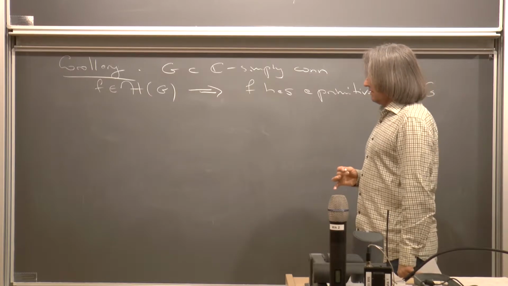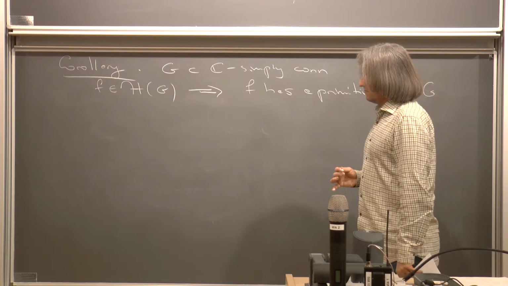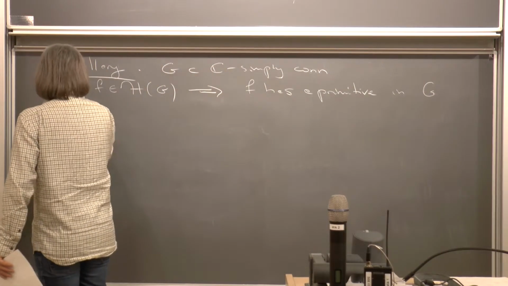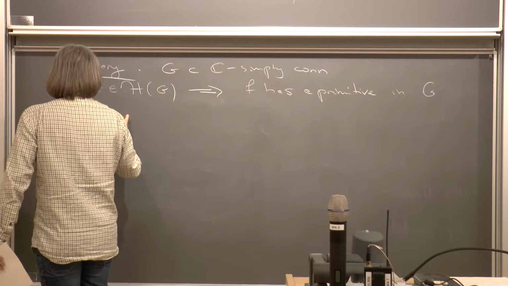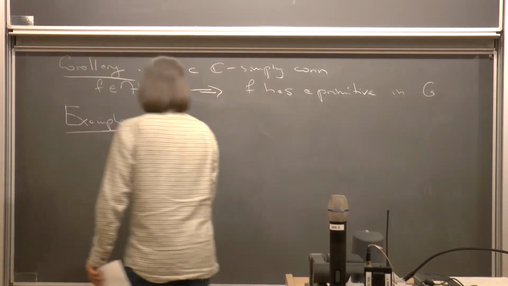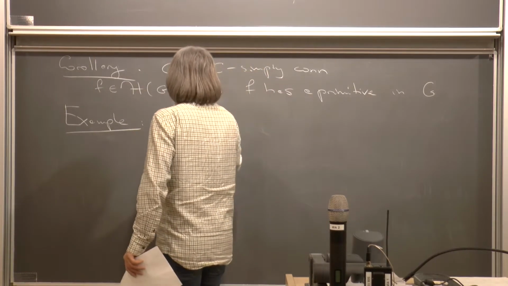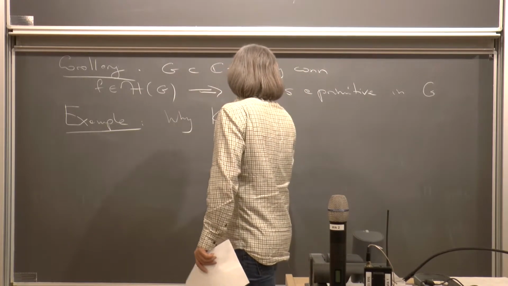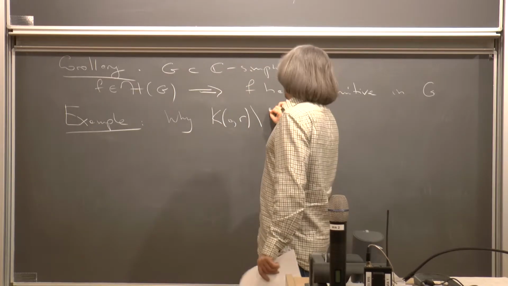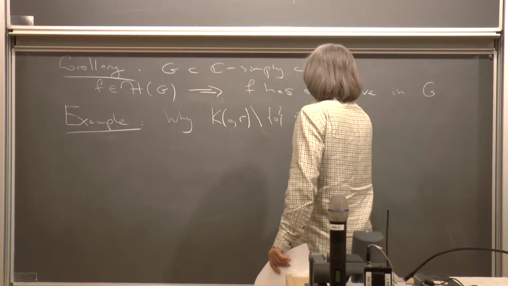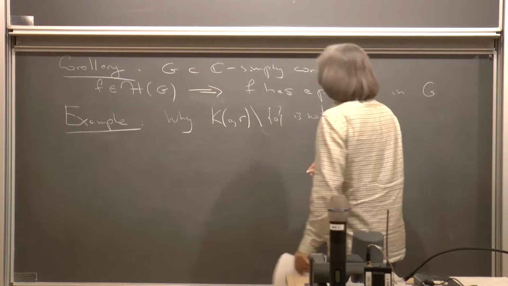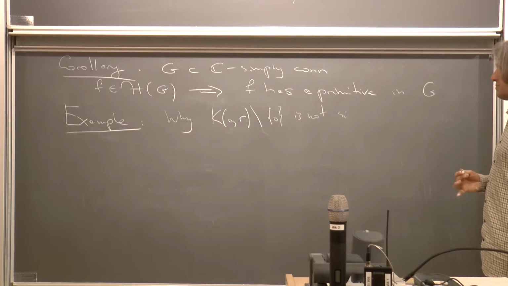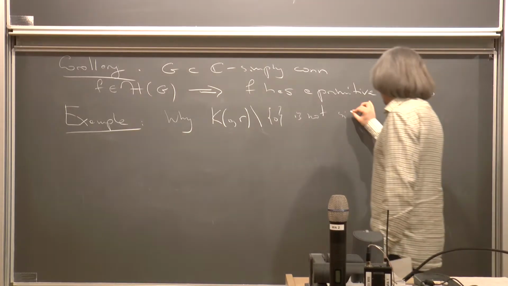So in particular, now we have an example: C without the point 0 is not simply connected. As I said, there are not so many tools for us at this point to see if something is not simply connected.